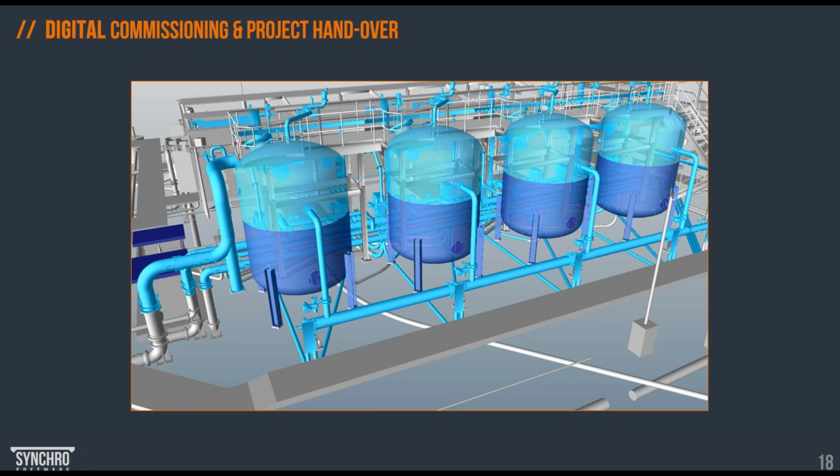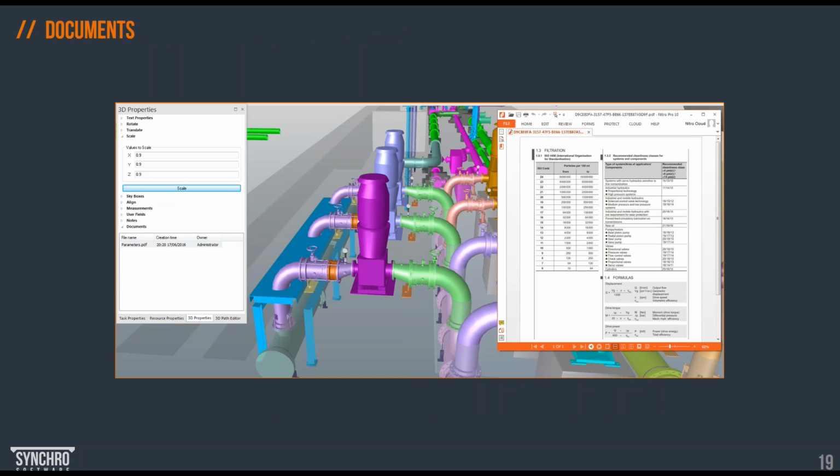The slide here shows you the commissioning process. So again, a few more ideas on how you can use SYNCHRO as planning software, a more visual tool. The one I mentioned initially was the data set. In SYNCHRO we can associate documents with any objects. With any 3D objects or tasks, we can assign documents.